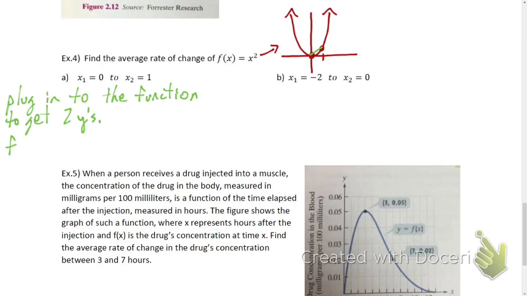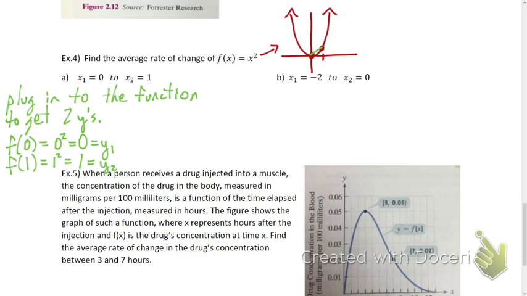So f of 0 is 0 squared, which is 0, and that is y1. F of 1, I'm plugging in x2 right now, is 1, and that is y2.